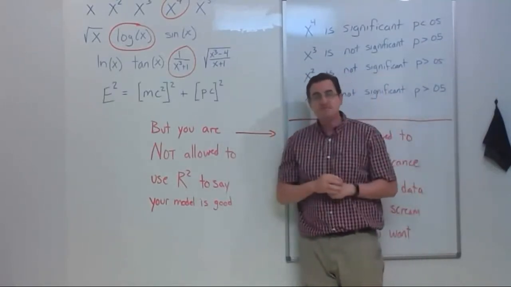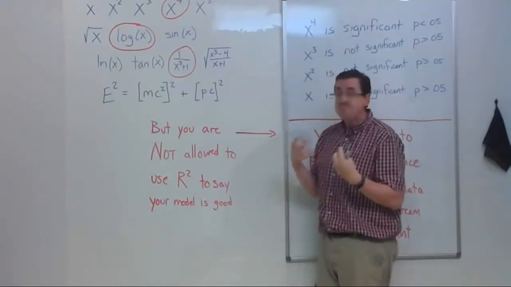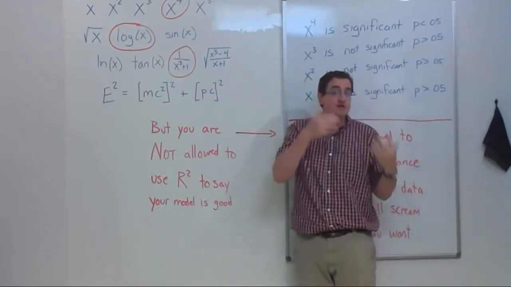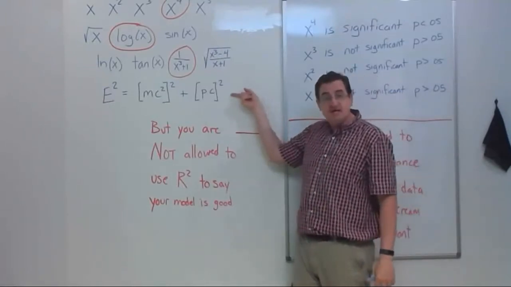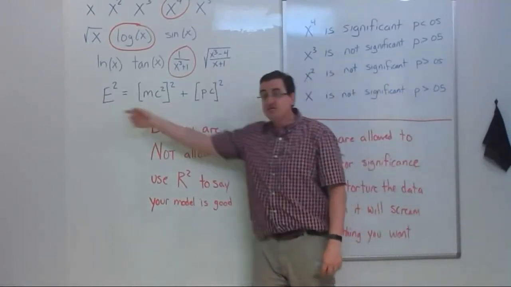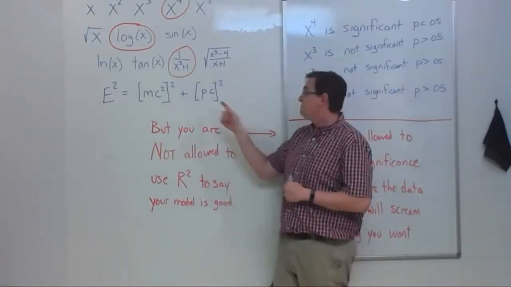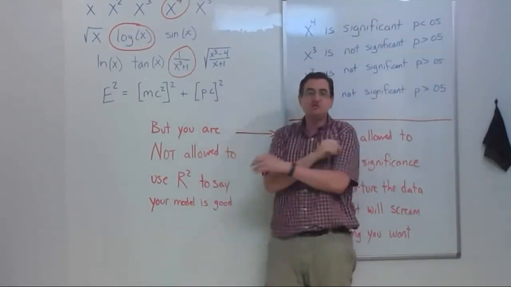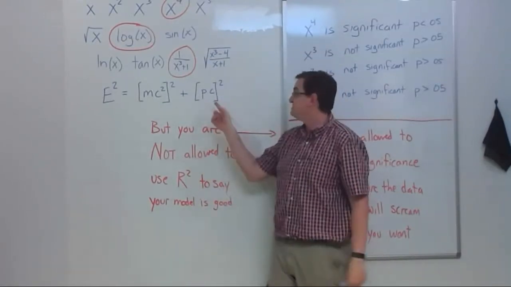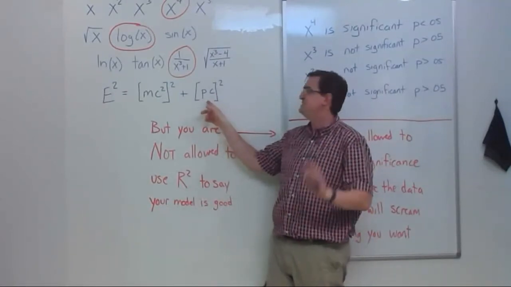One last example that helps illustrate the debate that can happen between making your model simpler or leaving terms in. This is Einstein's famous equation. This is the actual real equation. But this piece right here, this pc, is often very small, especially if we're talking realistic scenarios of normal speeds, not close to light speeds.